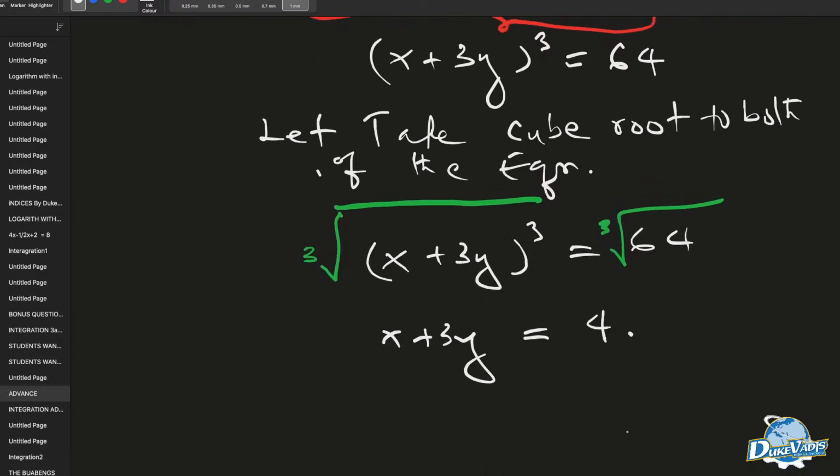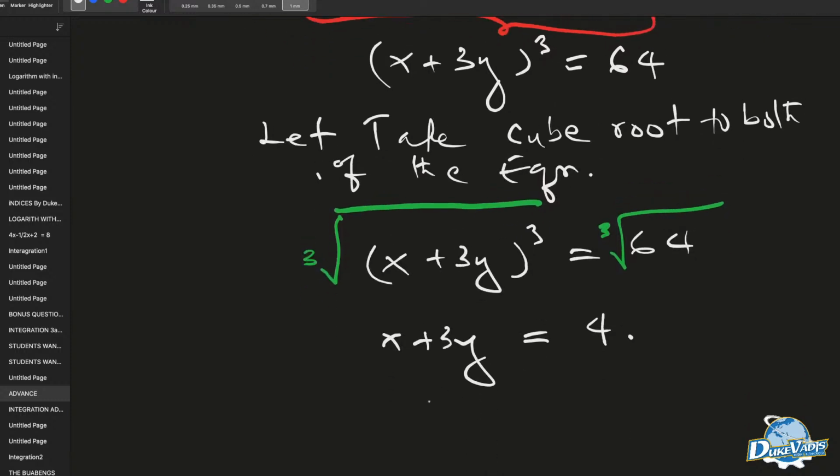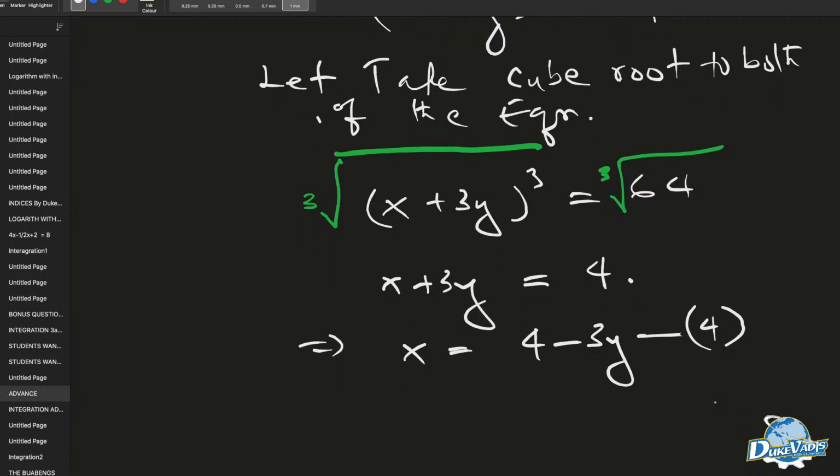Okay, then let's make x the subject. So this implies that x is equal to 4 minus 3y. Now I'm going to call this equation 4. Okay, now I'm going to substitute equation 4 in equation 2.